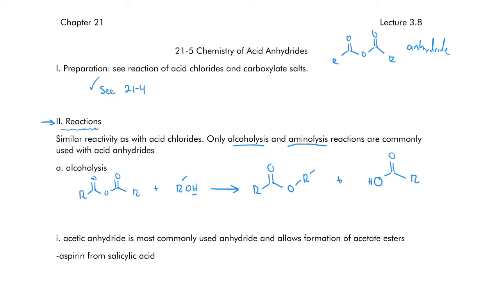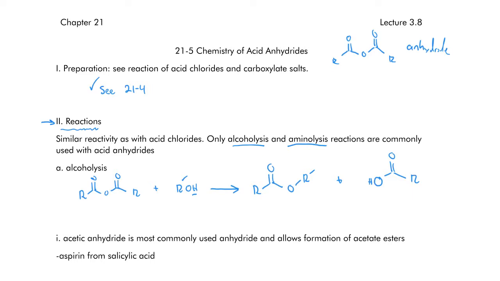So it turns out because of its more mild properties and less interference with certain other functional groups, as well as its ease in handling and relative ease in workup, people use acetic anhydride. That's the most common, by the way, anhydride is acetic anhydride, to do a lot of different transformations into acetate esters.